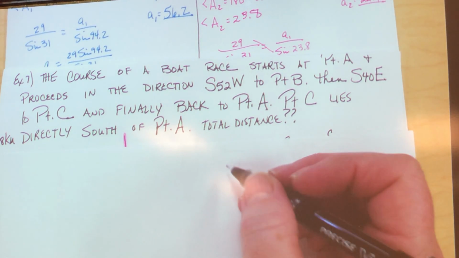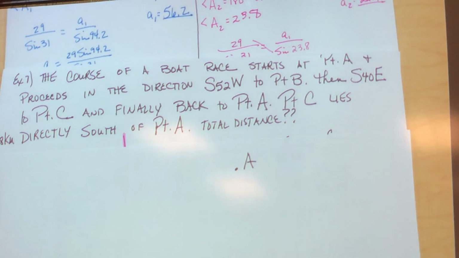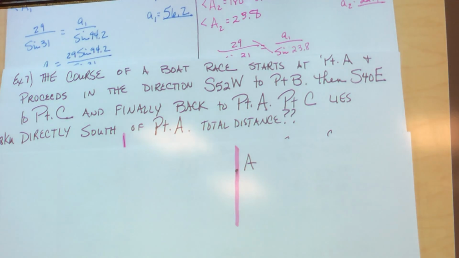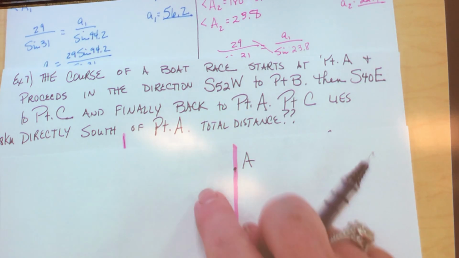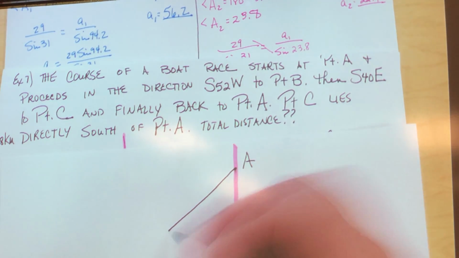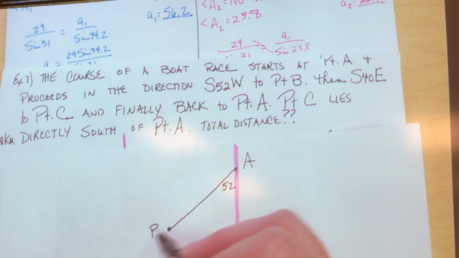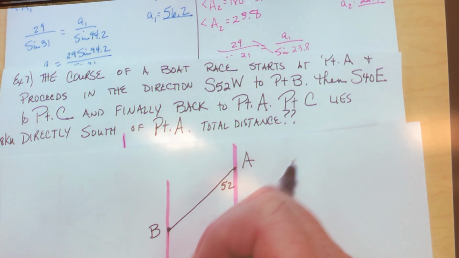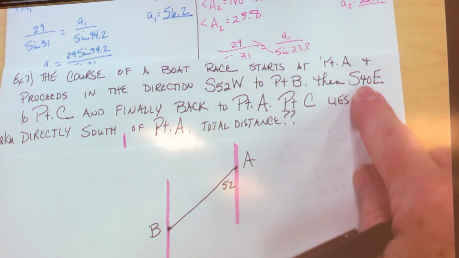See right here, it starts at point A. It has a bearing, so I'm gonna draw a north-south line. It has a bearing of south 52 degrees west. So I'm going south, then west 52 degrees. I don't know how far it goes, but it goes to point B. Then I have another bearing: south 40 degrees east.